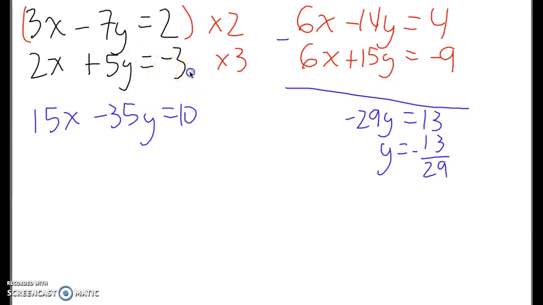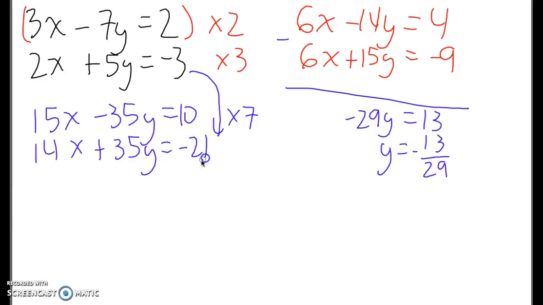And then I'm going to multiply this equation by 7. So that'll give me 14x plus 35y equals negative 21. And now it should be obvious what to do. These are the opposite signs, so I'm going to add them together, then they'll cancel. And I'm going to get 29x equals negative 11.